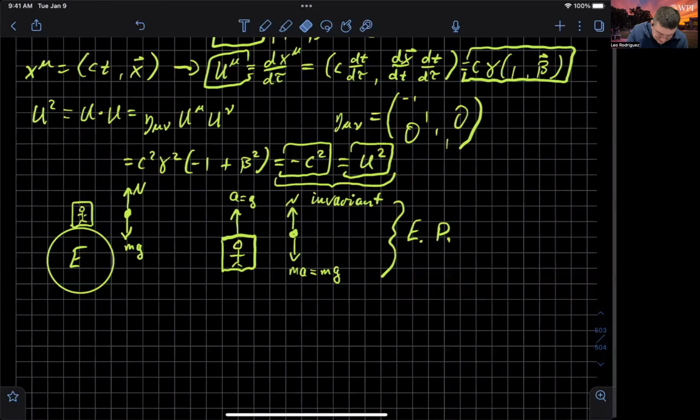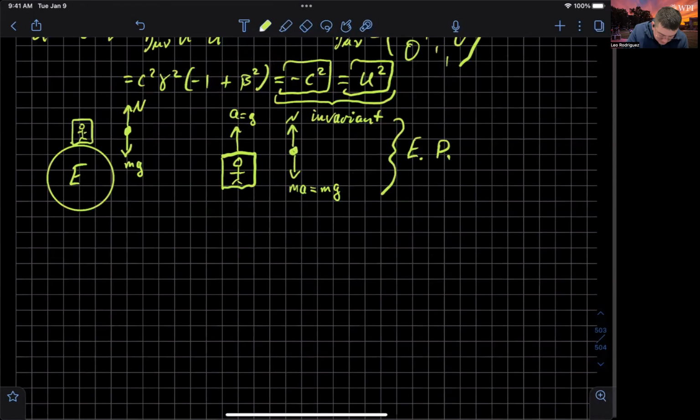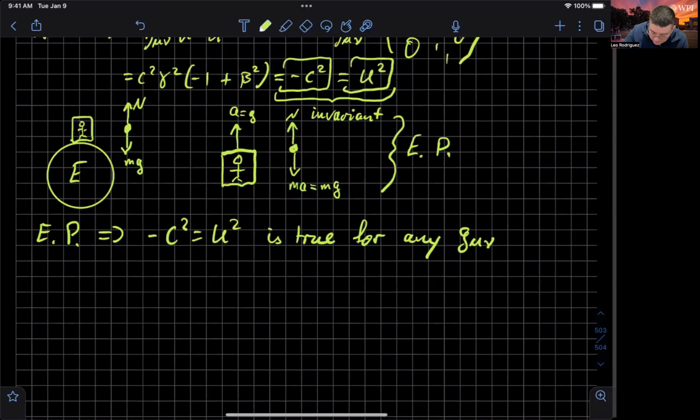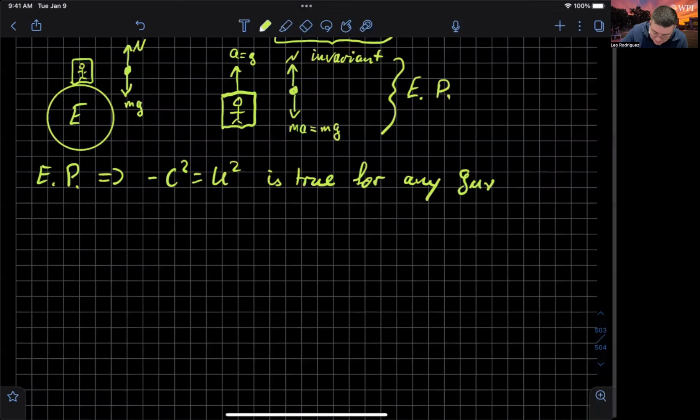So that means that the equivalence principle implies that minus c squared equals u squared is true for any gravitational field, where g mu nu comes from solving the Einstein field equations, right? R mu nu minus 1/2 g mu nu R equals 8 pi G T mu nu.